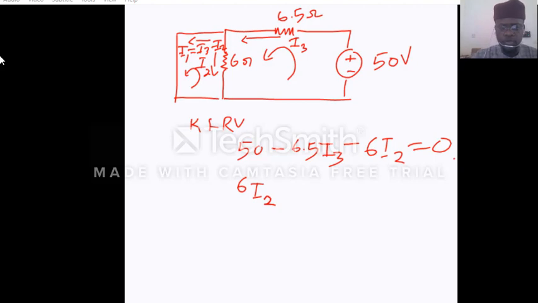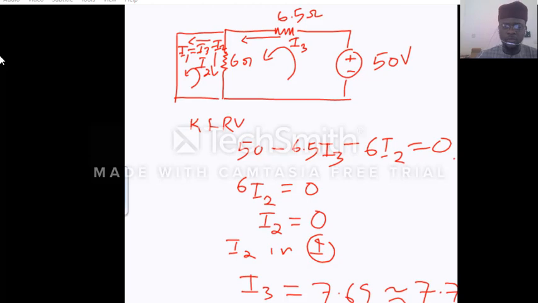And then equation 2, we don't have any electromotive force in that loop, so we take the summation of our potential difference, and according to that path it is going to be 6I2 equal to 0, because we don't have resistance or copper, so we only have one potential difference equal to 0. Substituting I2 in equation 1, we get the value of I3.